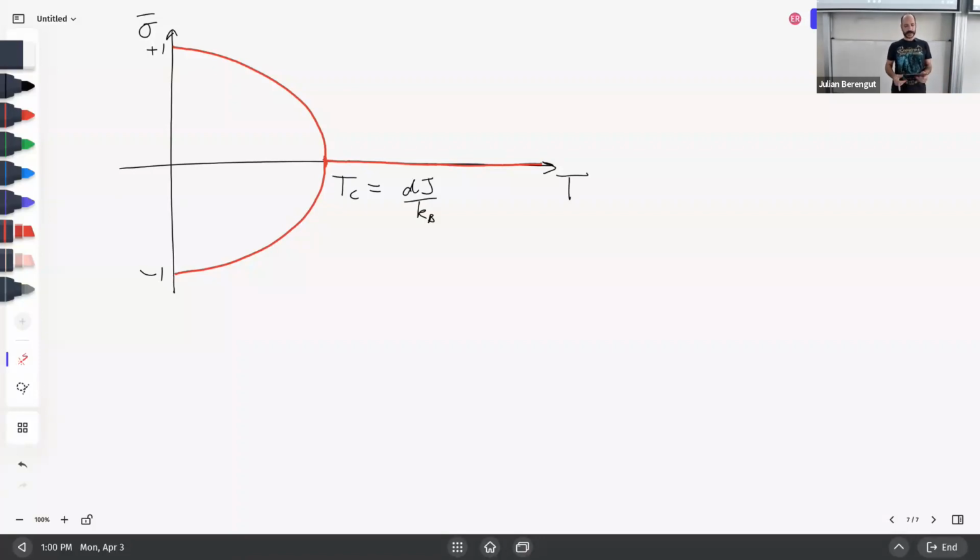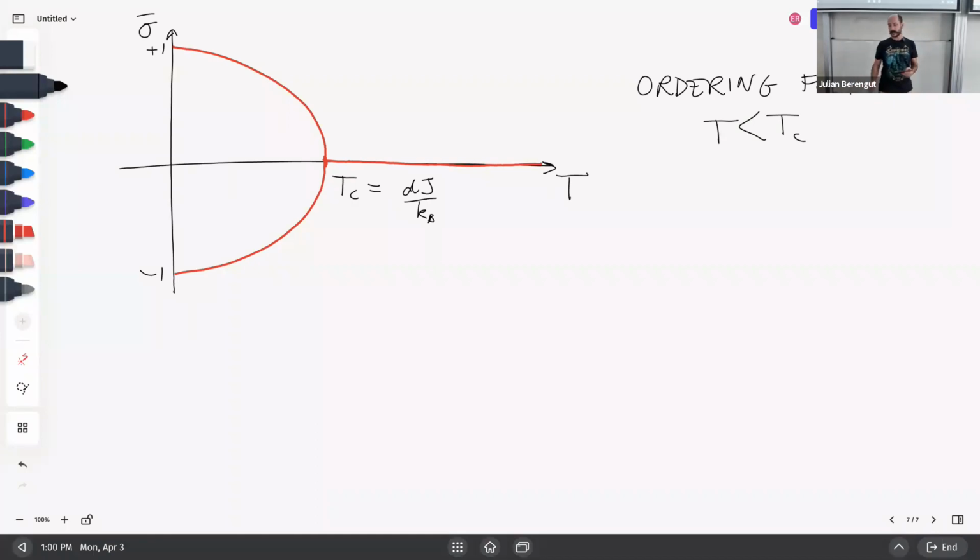What I haven't done yet is put in a magnetic field. But I should write down ordering for T less than TC. And if it's not, then it's disordered.